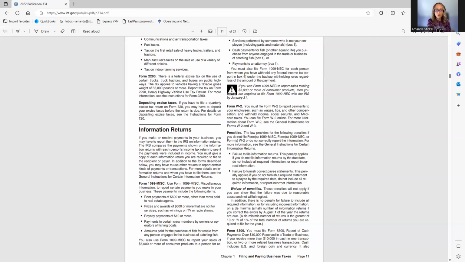Form 1099-MISC. Use Form 1099-MISC, Miscellaneous Information, to report certain payments you make in your business. These payments include the following items: rent payments of $600 or more other than rents paid to real estate agents, prizes and awards of $600 or more that are not for services, such as winnings on TV or radio shows, royalty payments of $10 or more, payments to certain crew members by owners or operators of fishing boats, amounts paid for the purchase of fish for resale from any person engaged in the business of catching fish.